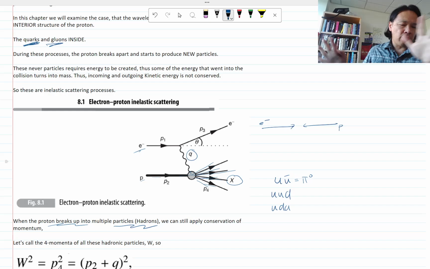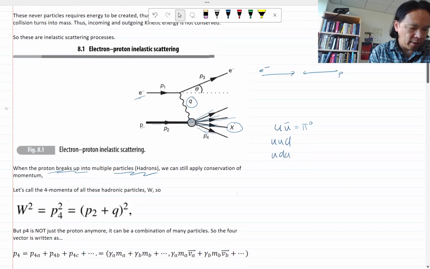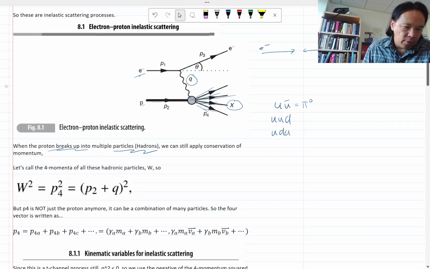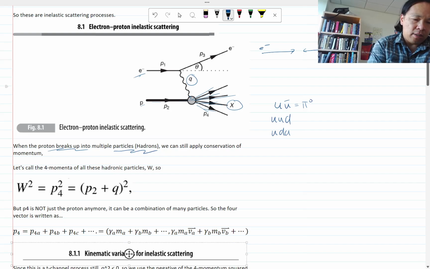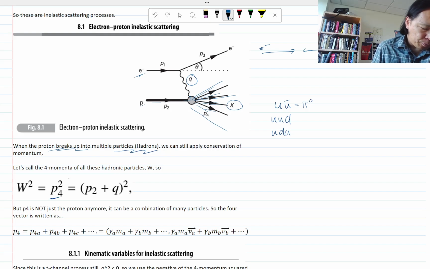Since we're making new particles, the mass of all these outgoing particles is going to be bigger than the proton's, because you basically just added energy into it, and some of that energy gets converted to mass. So we're going to quantify this lump of stuff, the four-momentum of the outgoing spray of X particles, that's the four-momentum P4.